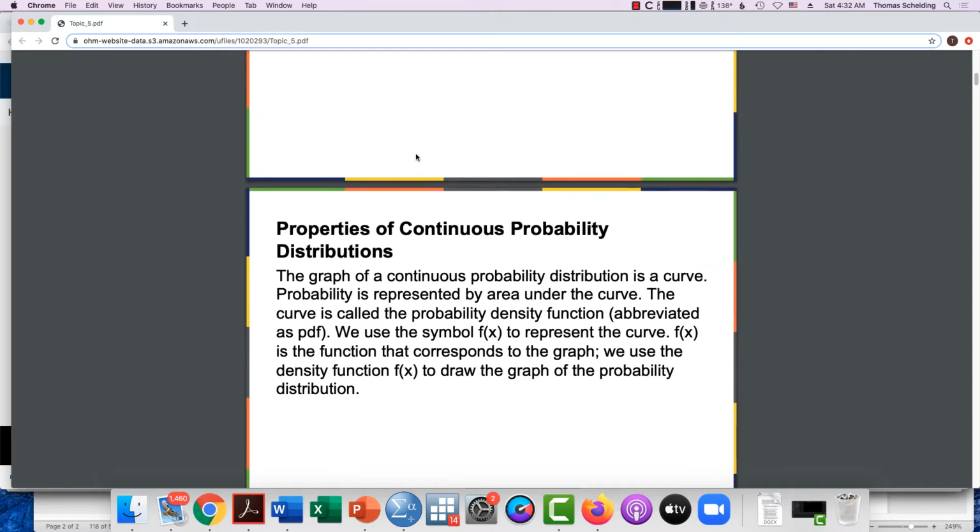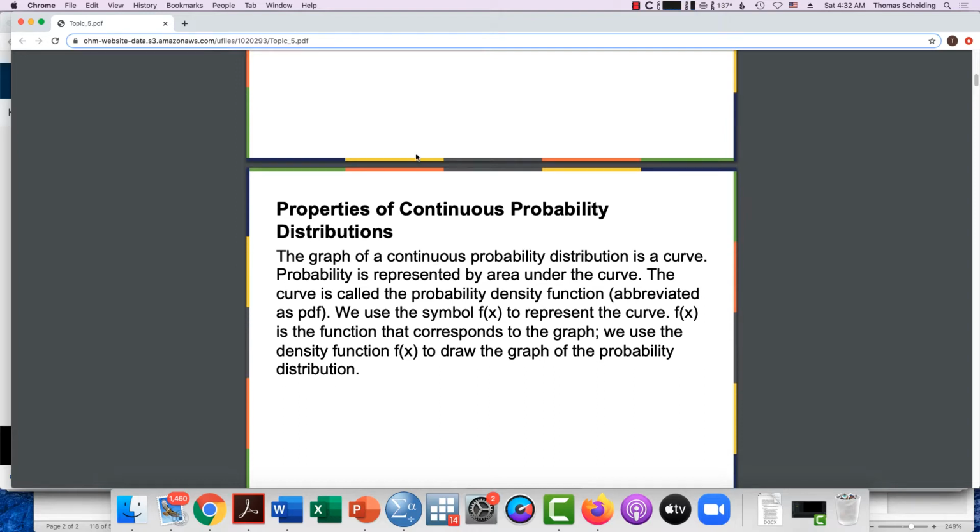If we look at a common property of a continuous probability distribution, again, we're talking about a curve. That curve is called the probability density function, and we're measuring the area under that curve to determine the probability. That's what's being said here.